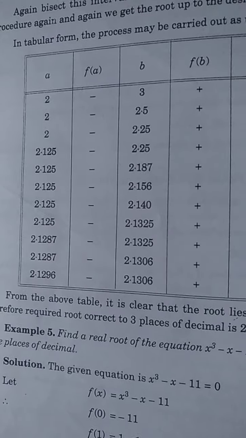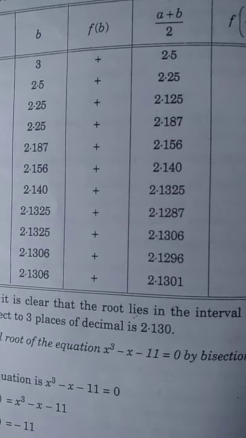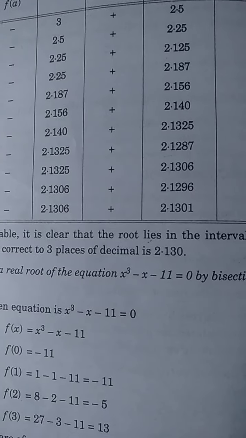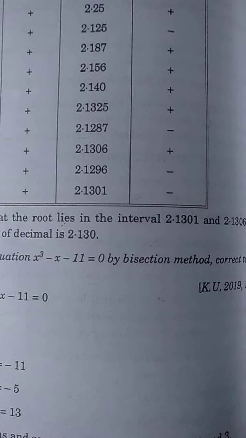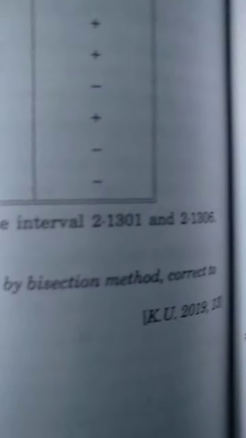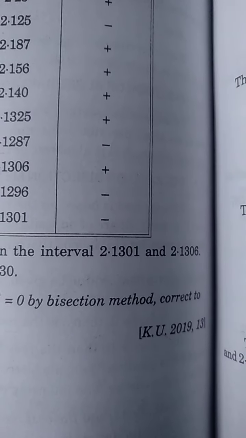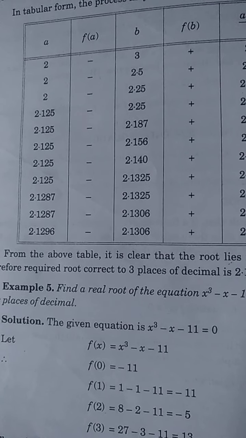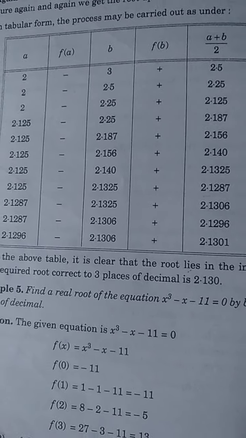Continue this process and find the sign each time. From the above table, it is clear that the root lies in the interval 2.130 and 2.1306. Therefore the required root correct to 3 places of decimal is 2.130.